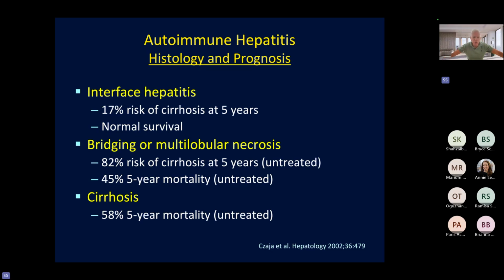And patients with cirrhosis will have a 60% 5-year mortality. Now, I caution you that this is all from adult data. In pediatrics, obviously, we don't ask whether this is moderate or severe disease before we treat. We want to know it, but we are going to treat all of these patients.